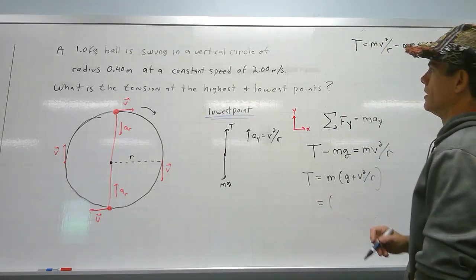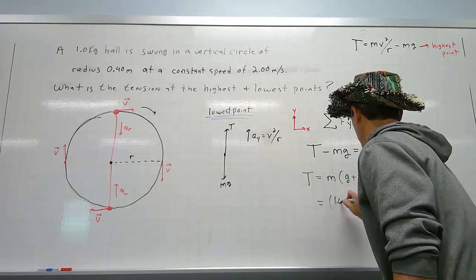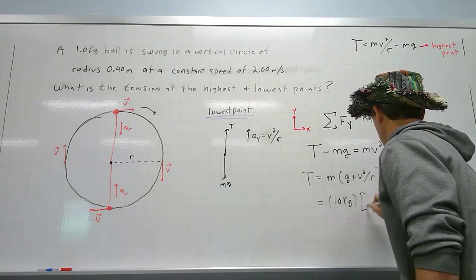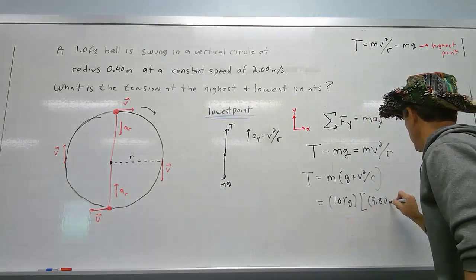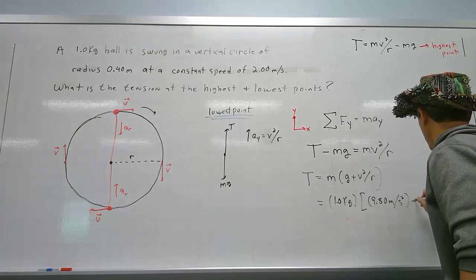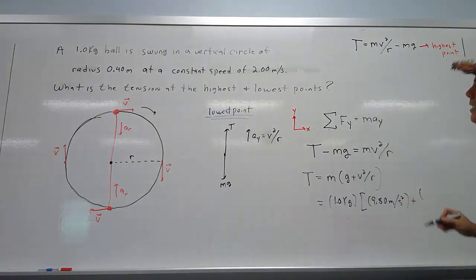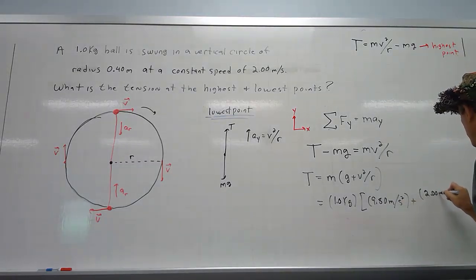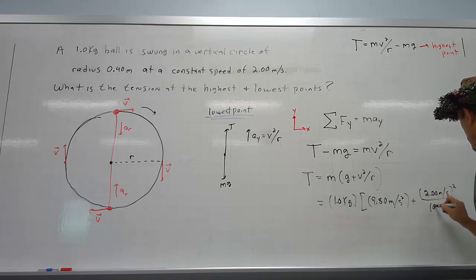So what I get is 1 kilogram times 9.8 meters per second squared plus 2 meters per second, the quantity squared, divided by 0.4 meters.